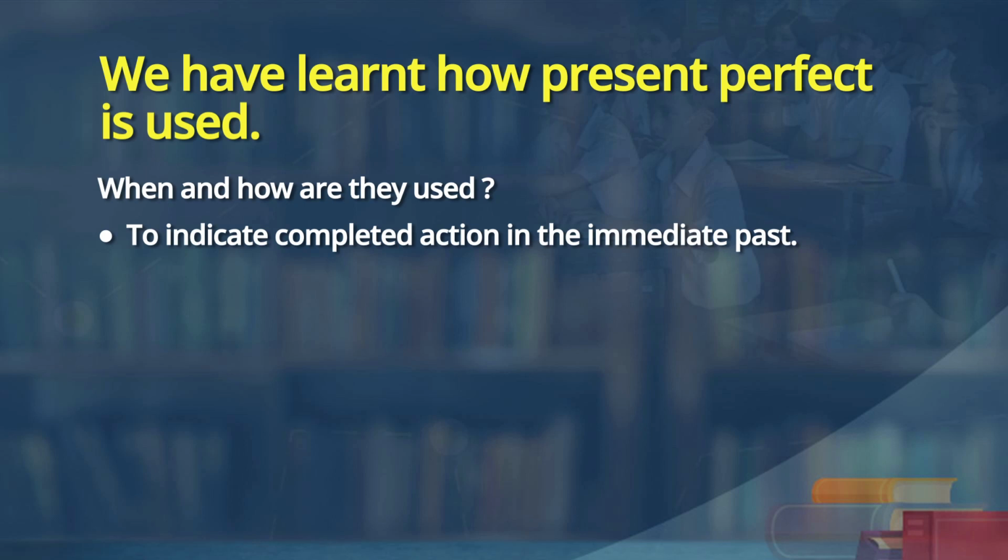Let me ask Kriti to read out the occasions in which present perfect is used. Come on, could you please read out? Yeah. The first occasion. To indicate completed action in the immediate past. Example? He has just gone out.